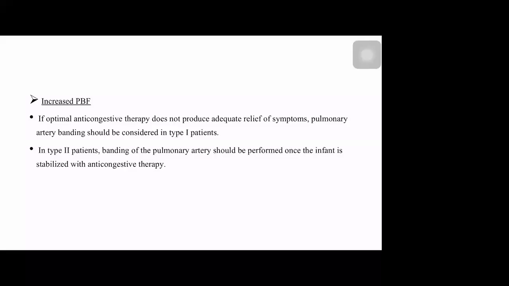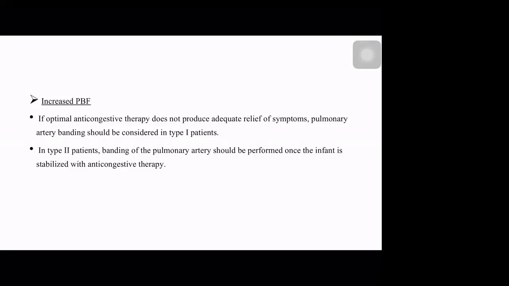But if the patient presents with increased pulmonary blood flow, and optimal anticongestive therapy does not produce adequate relief of symptoms, PA banding should be considered in type 1 patients, particularly in type 1C.